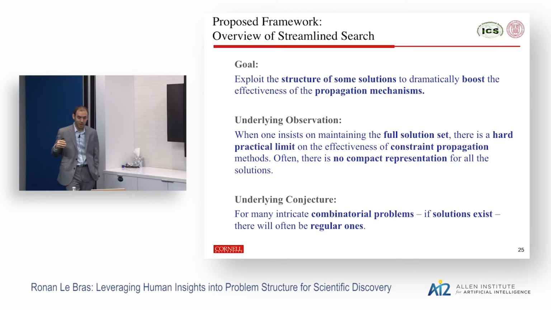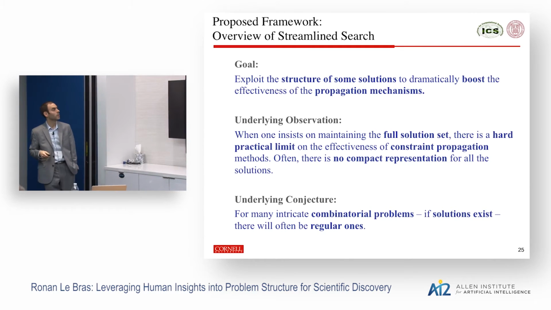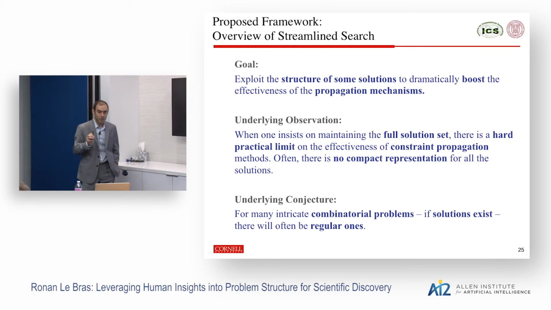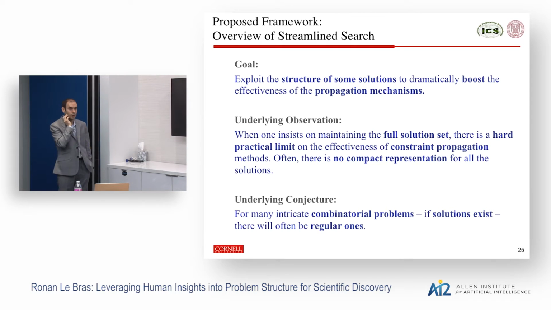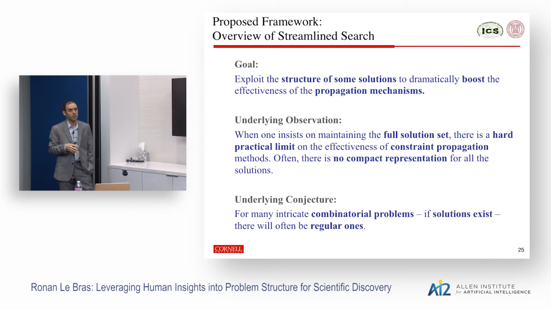And now I'll delve into the proposed framework that allowed us to come up with the first polynomial time construction for this problem. I'll start with the concept of streamlining. The goal in streamlining is to exploit the structure of some of the solutions of your problem in order to dramatically boost the effectiveness of the propagation.